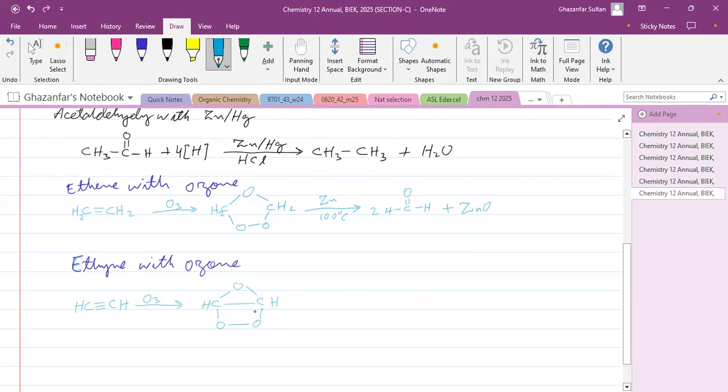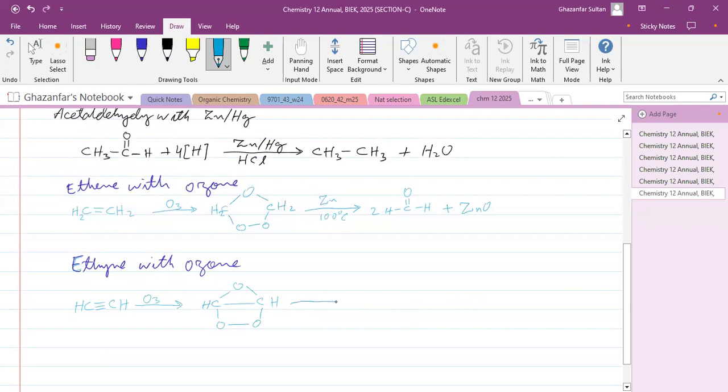You can see this reaction on page number 115 of your textbook. So such an ozonide is formed.